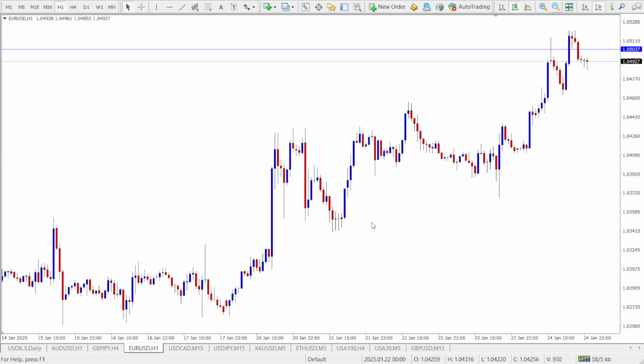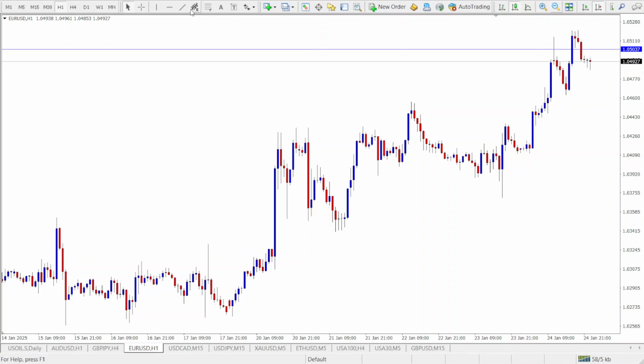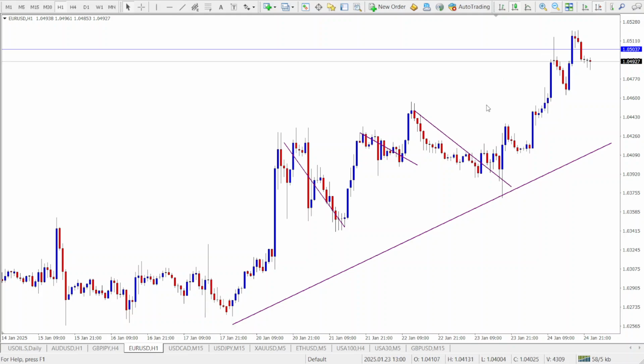The core idea is to wait for the price to pull back. Now this is a bullish trend, and we have a series of pullbacks. There's a pullback, there's a pullback, and so on. So the core idea is to wait for the price to pull back during a trending market.